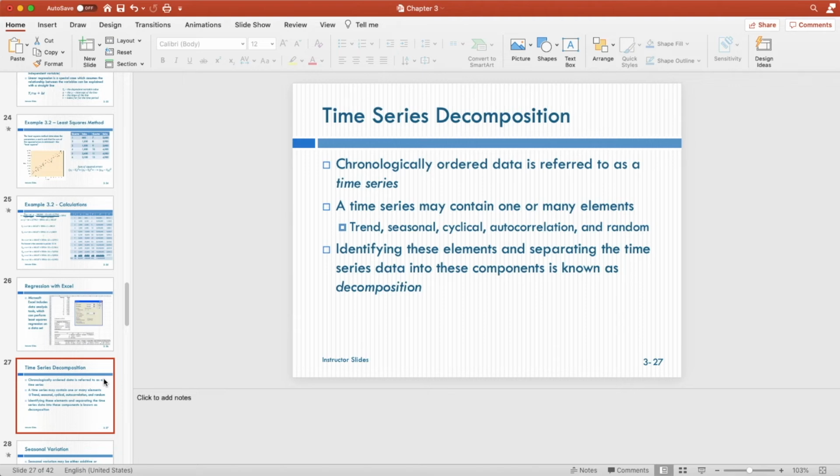But for the conceptual part of the time series decomposition section, I still require you to understand what time series decomposition is doing conceptually. From the big-picture point of view, it is trying to separate out different factors or elements like the trend, seasonal, cyclical, autocorrelation, and random.